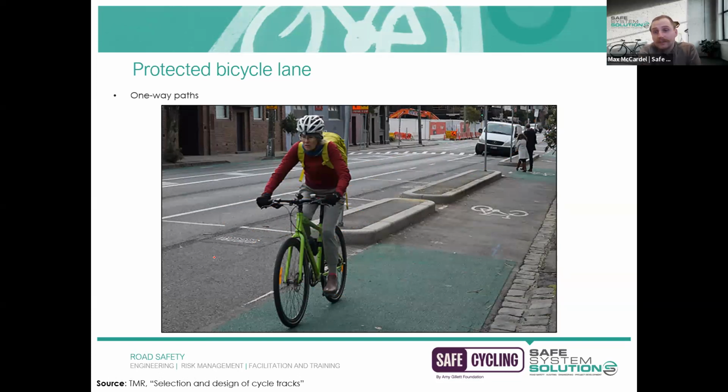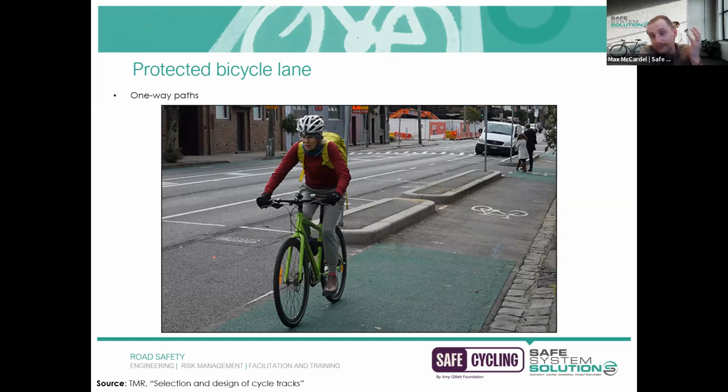So there is lots of literature and guidance. Feel free to use all the guidance documents that we provide within our references on the LMS to help support you and your jurisdiction to implement these types of features.